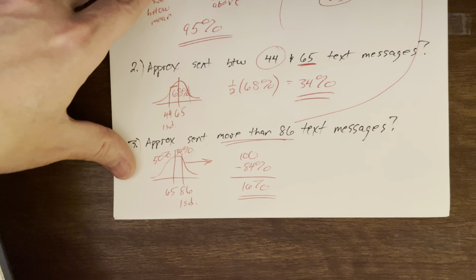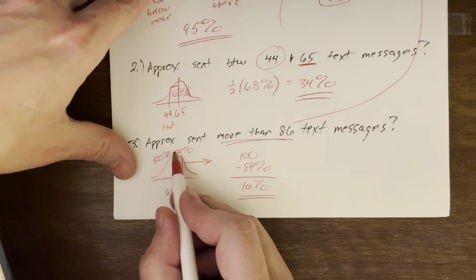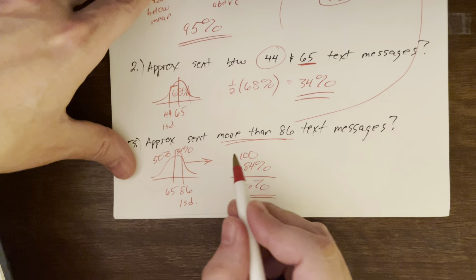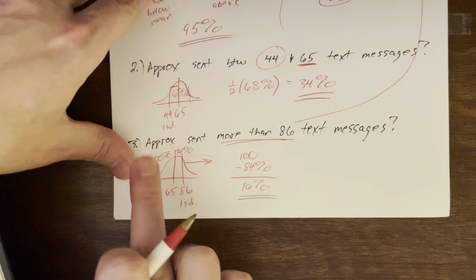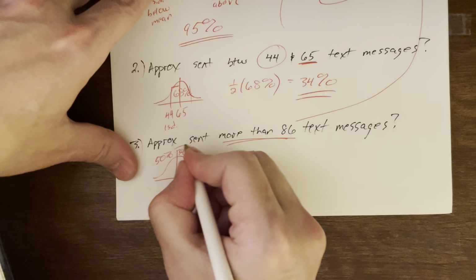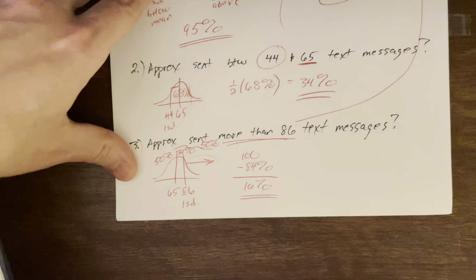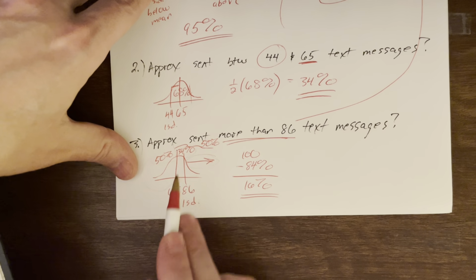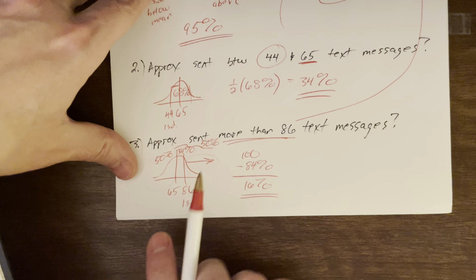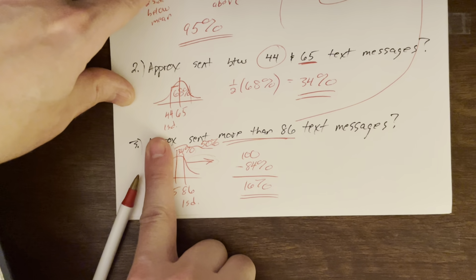Some people, a slightly different way to do this, never even think about the left side of the curve. They're just already thinking, okay, I want this, I know this. Well, completely ignoring the left half, the right half has to be 50%, right? 50% of the values come below the mean, 50% come above. So let's just focus on the above portion.